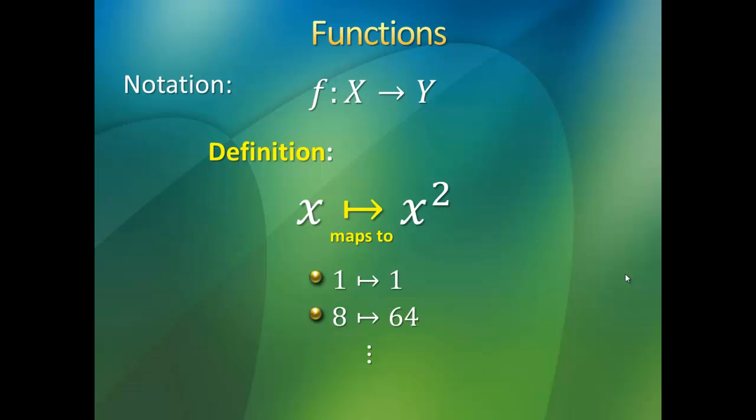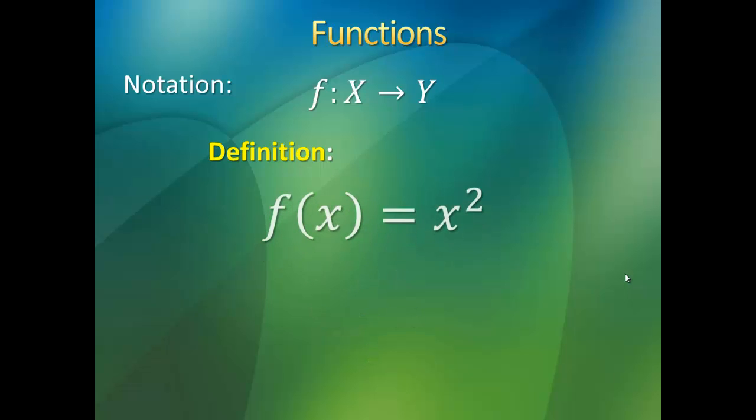An even more common way to write this, and the most useful way if you have more than one function, is to write the name of the function f with its argument, say x, in parentheses next to it. We would read this as f of x. Then we'd of course give our rule right after, so we might say f of x equals x squared. By the way, does this look or sound familiar?